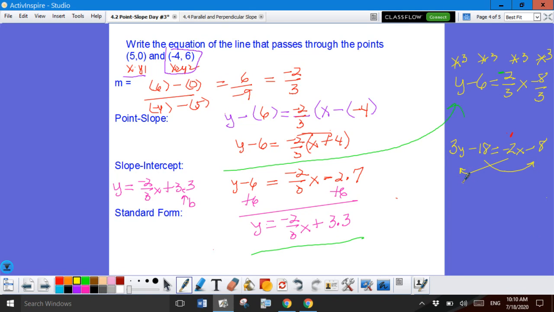I need to move the 2x, the negative 2x, which is going to make it positive. And I need to move the negative 18, which makes it positive. So I have 2x plus 3y equals 10. Okay? 2x plus 3y. That is my standard form.